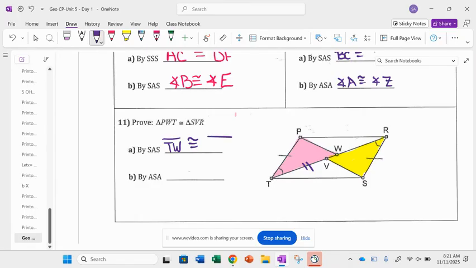Follow our same pattern. Use SRV. That's like making a whole triangle here. So look, you have SR is congruent, right?